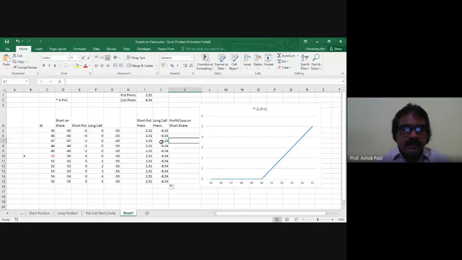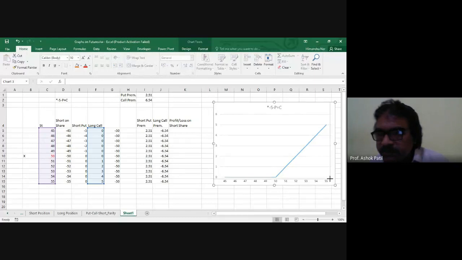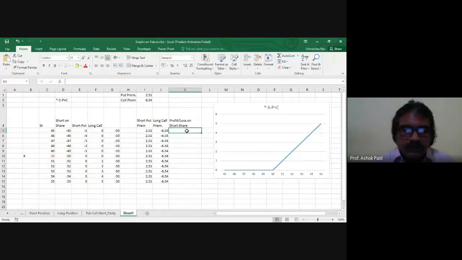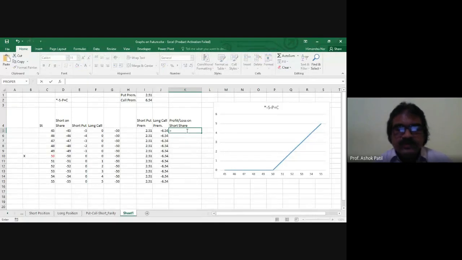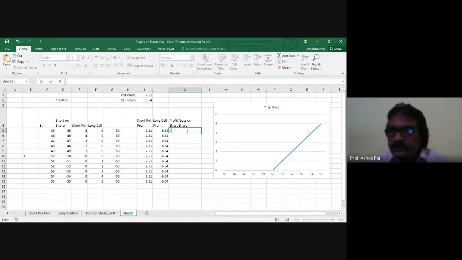Now profit or loss on the short share, next column K. If somebody else would like to contribute here, who else is here? So what will be that, and what information are we missing? What is required? Anybody? I think this is a little bit tricky because in this example he did not say that.